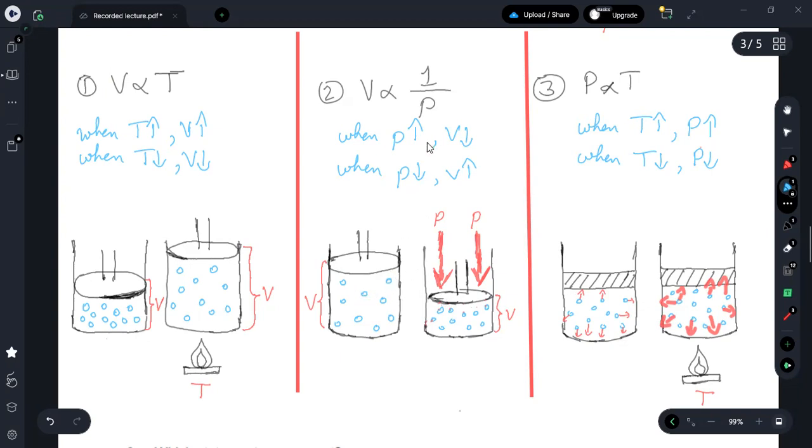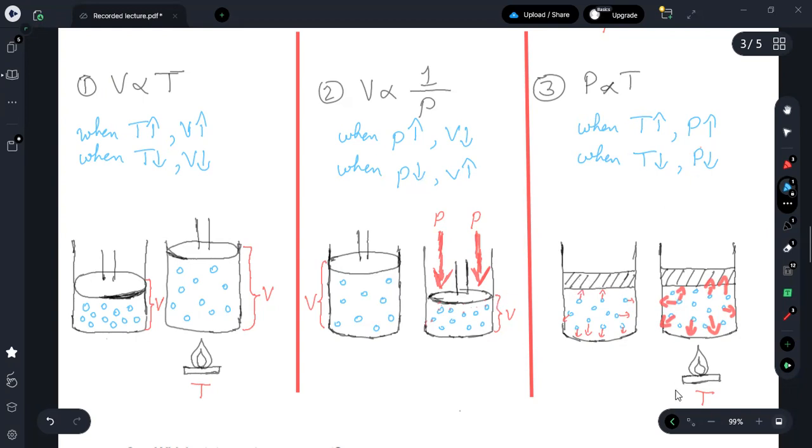So in this case, when I increase the pressure from the top on this lid, the gas is compressed and the particles come close together. Therefore, the volume decreases. And for this third picture, I've assumed that there is a solid stopper over here, and there is no plunger like this. It's a solid wall.